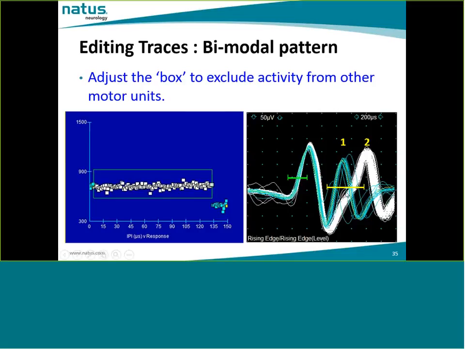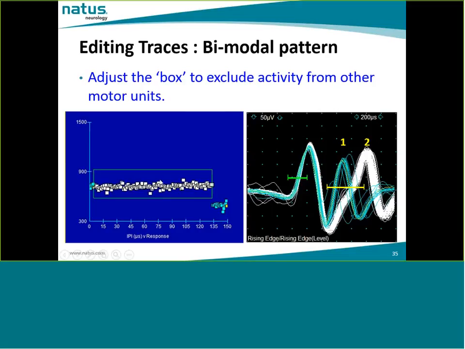One method is to adjust the position of this window so that we can select discharges from only motor unit 2 or motor unit number 1. The other alternative, as shown over here, is we can adjust the limits of this window, the right edge, the left edge, the top or the bottom, to select discharges or the IPI values from a single motor unit.